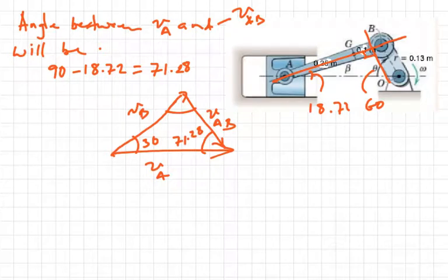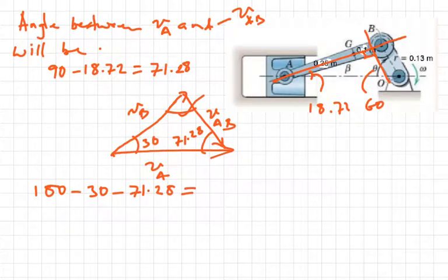Therefore the third angle, this angle, will be 180 minus 30 minus 71.28, and this will give us 78.72. So this is 78.72 degrees.